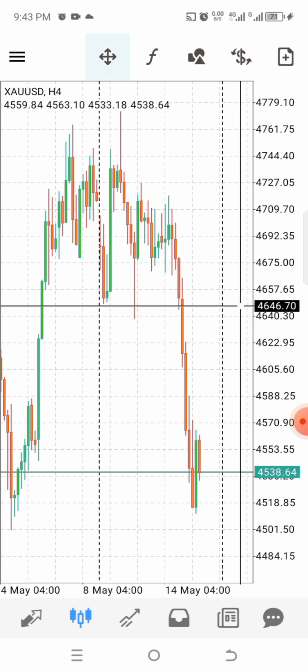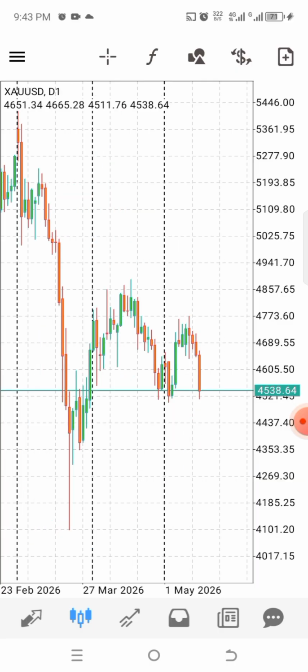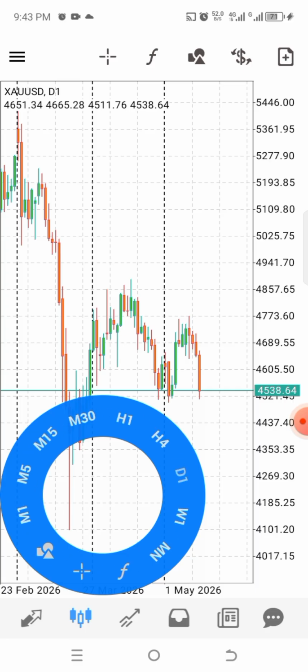However, if that doesn't happen, just know that you will have to look for a bullish trend for next week.